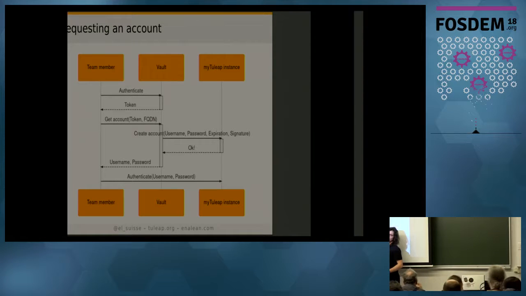Since Vault is the only thing that has the private key, it's the only thing that can emit a request to create an account, and with Vault access control you can tell it, okay, I want only those people to be able to use this API.